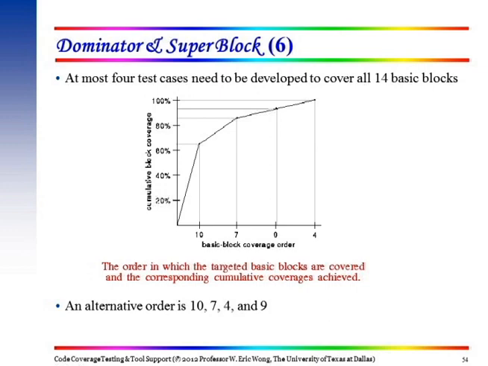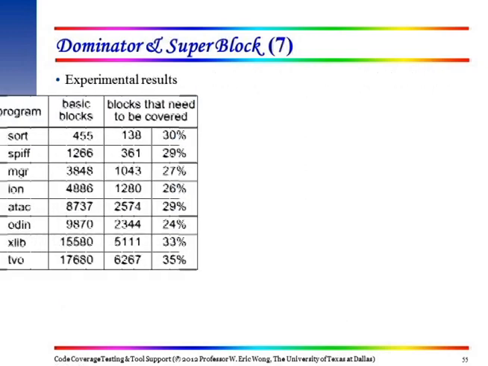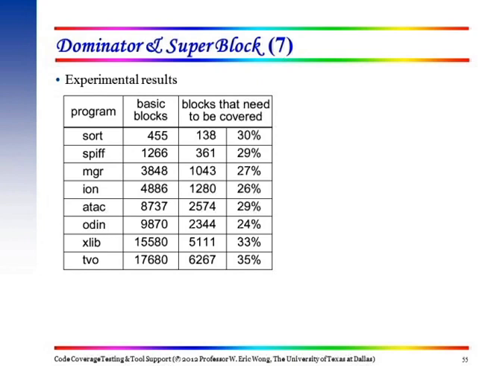Is this 9 over 14, 12 over 14, 13 over 14? Right. You do the deltas. 64, 86, and 93. So if we use the super block concept, we don't need to have a recorder attached to every statement.